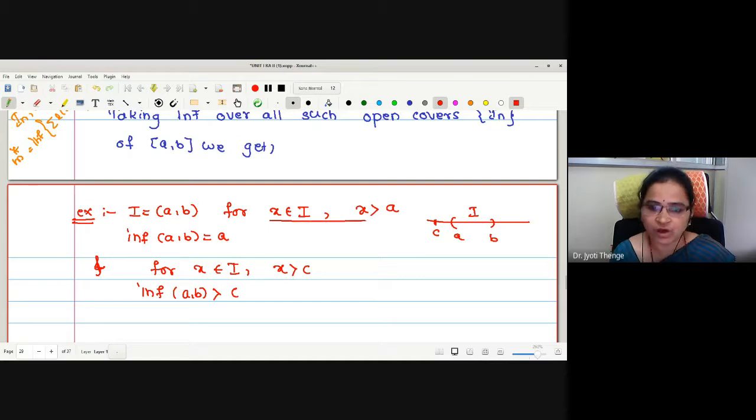The same statement, for all x in I, x greater than a, gives you equality. For x greater than c, it gives greater. Therefore, combining both cases, one can say the possibility is greater or equal.